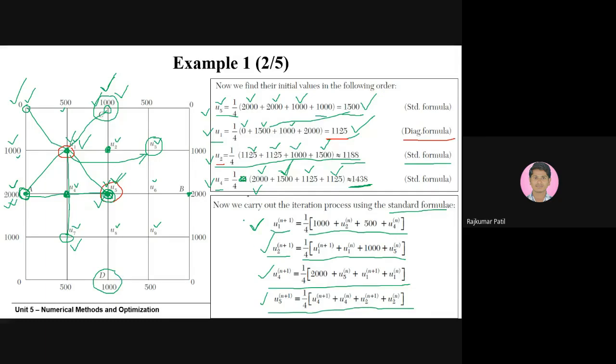And again in these formulas, two important things are there. First, check whether these equations are prepared as per the Gauss-Seidel method or not. And second, identify the locations where you need to use the latest iterations. So you can see where you need to use the latest iterations.